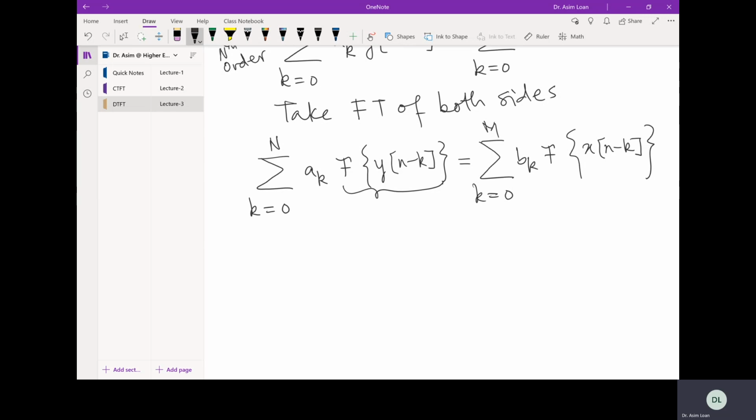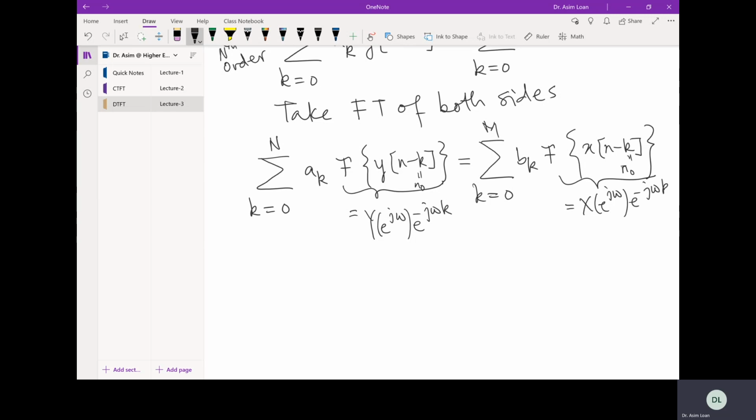If I do that, by the time shifting property, with n naught equal to k, this is equal to Y(e^{j omega}) times e^{-j omega k}. Similarly, this one is equal to X(e^{j omega}) times e^{-j omega k}.